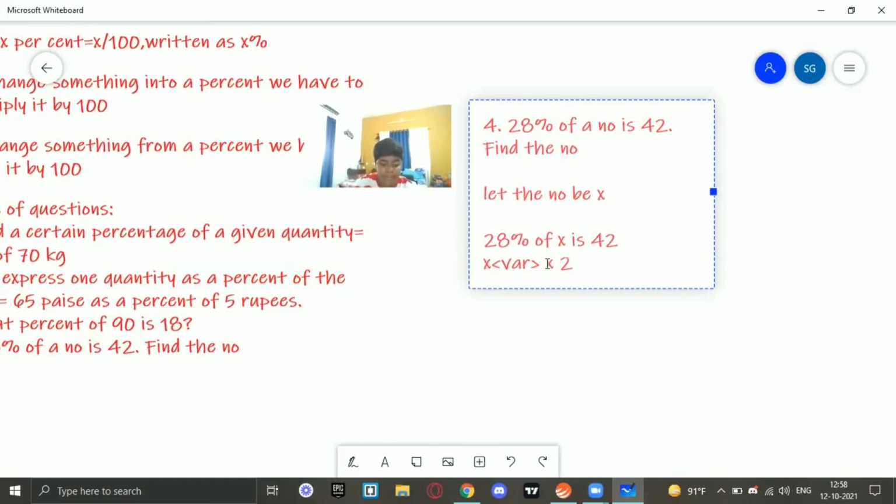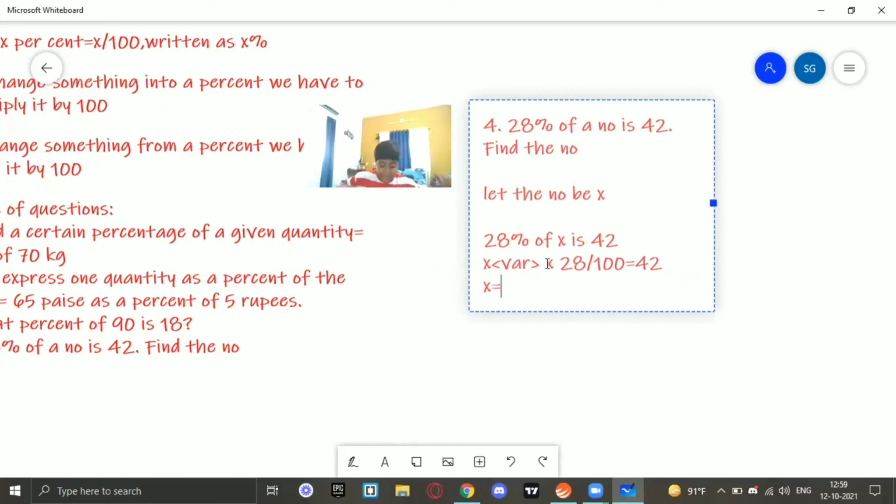The number into 28% equals 42, and the percentage can be written as 28 upon 100, right? And after this, we will simplify it further, and after that, we have to find x.